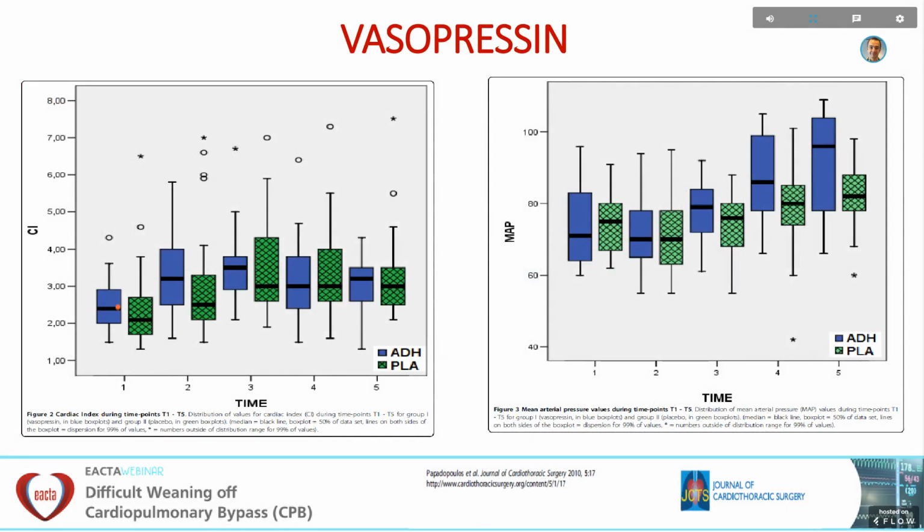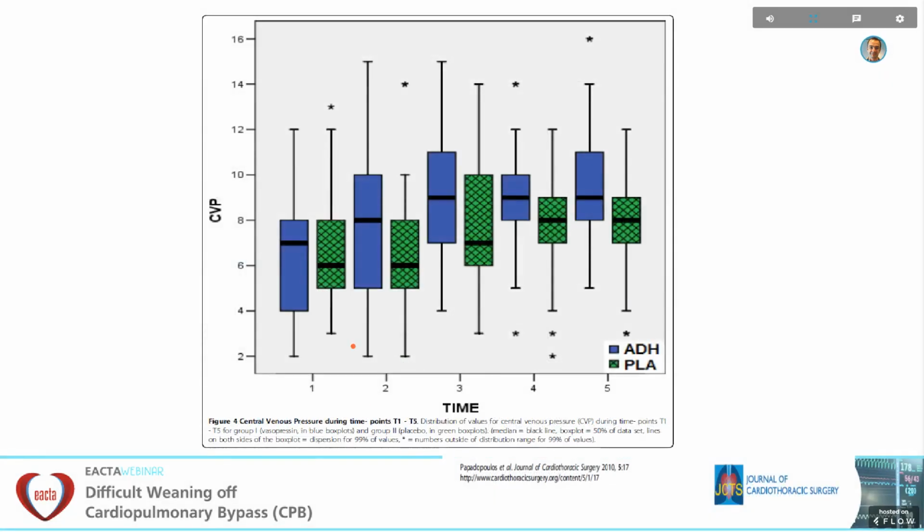It increases cardiac output. The blue ones are patients receiving vasopressin, and the green ones are the control group. It increases the mean arterial pressure without significantly increasing the central venous pressure compared with patients not receiving vasopressors.